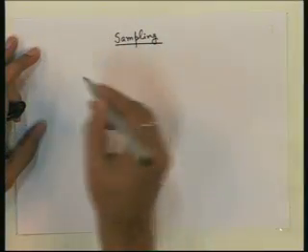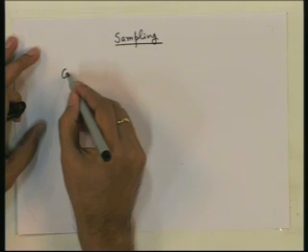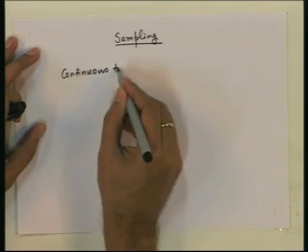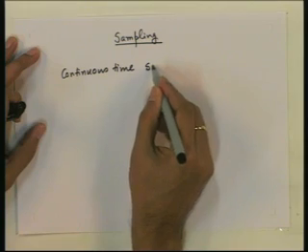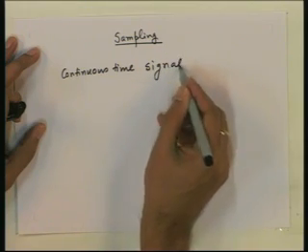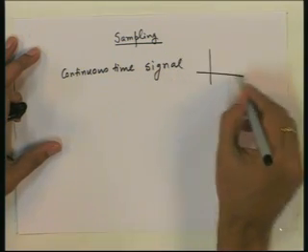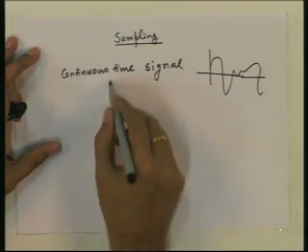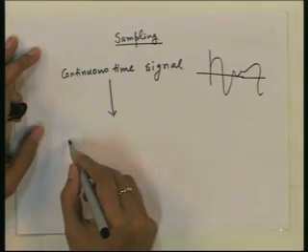So, we have a continuous time signal. We are going to discuss sampling. We have a continuous time signal which may look like this, and this is converted to a discrete time signal.